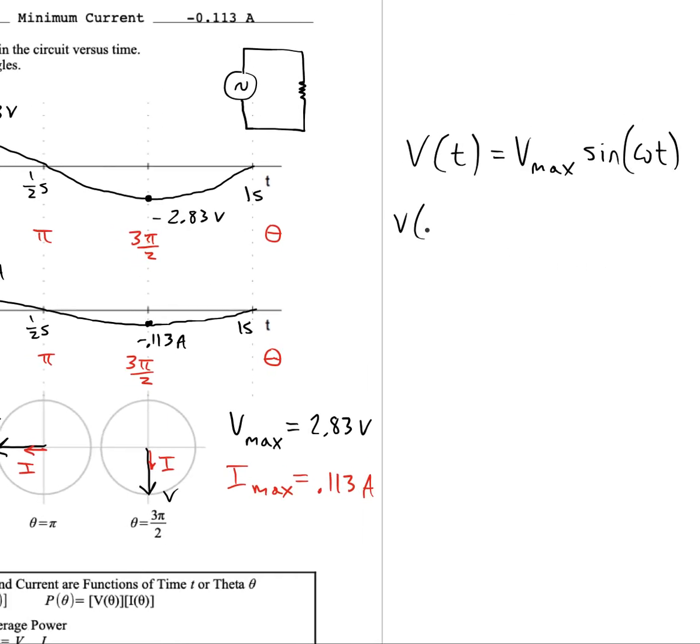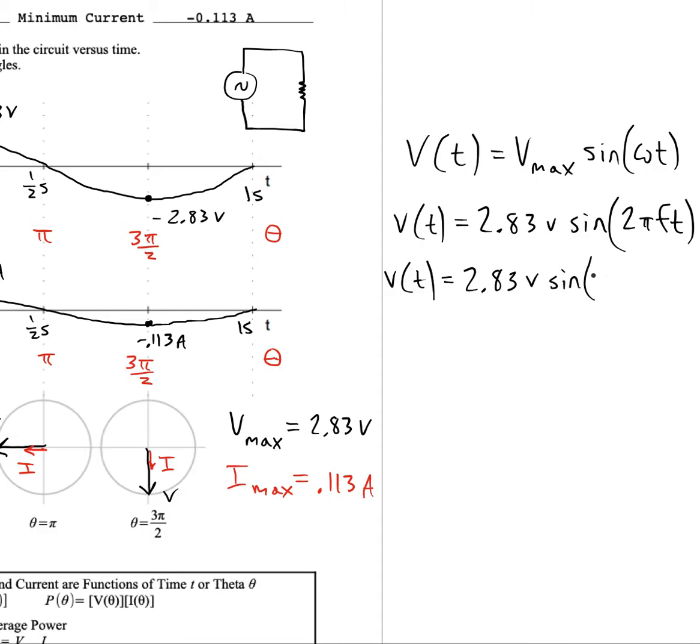We're going to have V of t equals 2.83 sine of 2 pi f t. All right, it looks like our function is 2.83 sine of 2 pi times t.